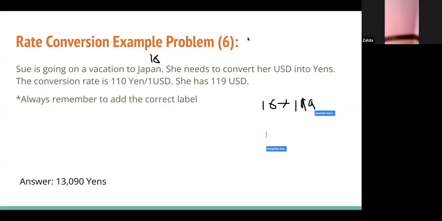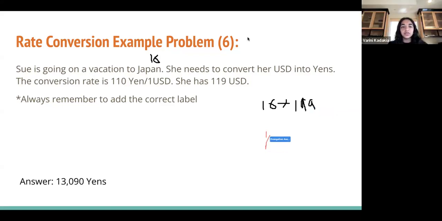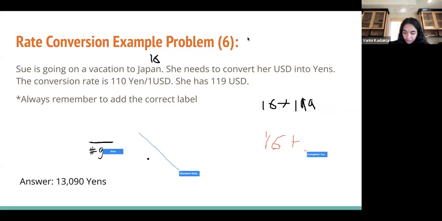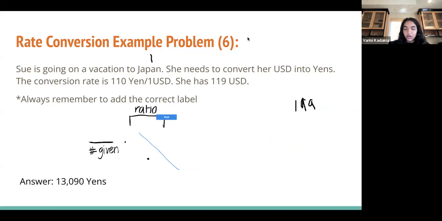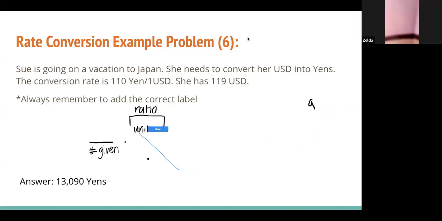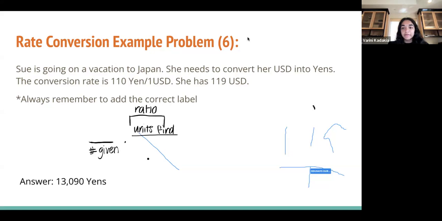Yeah, so if we look at how to structure this problem, you want to put the amount you have, or the number given, times the ratio of the units you want to find over units given.